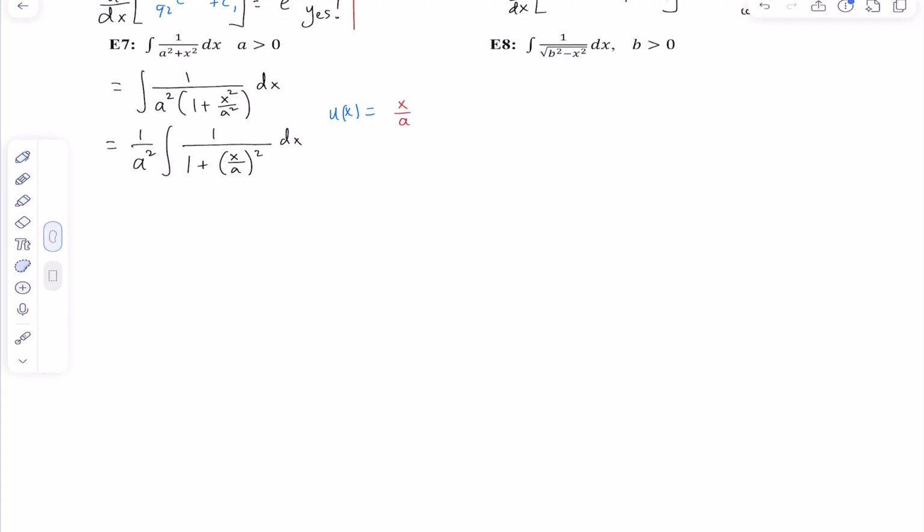We're going to write the equation that involves differentials. And we could substitute dx to be a times du is equal to dx.